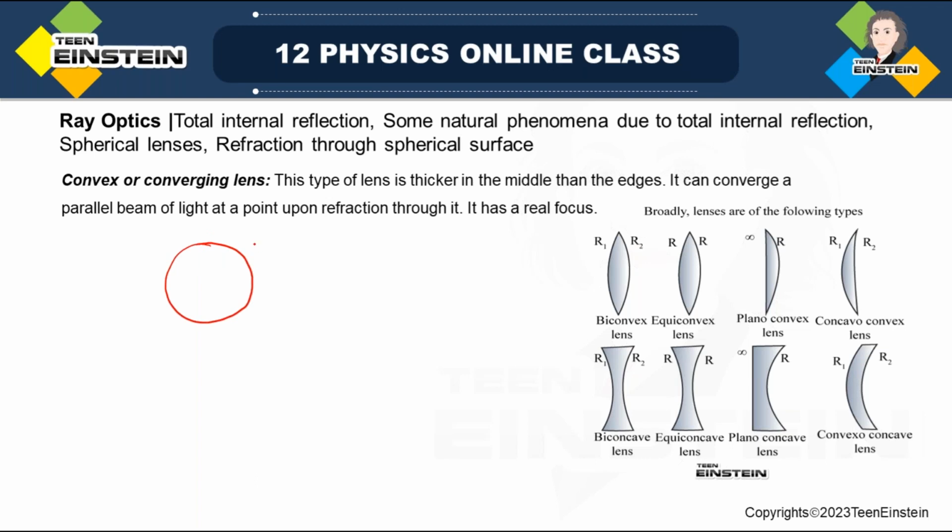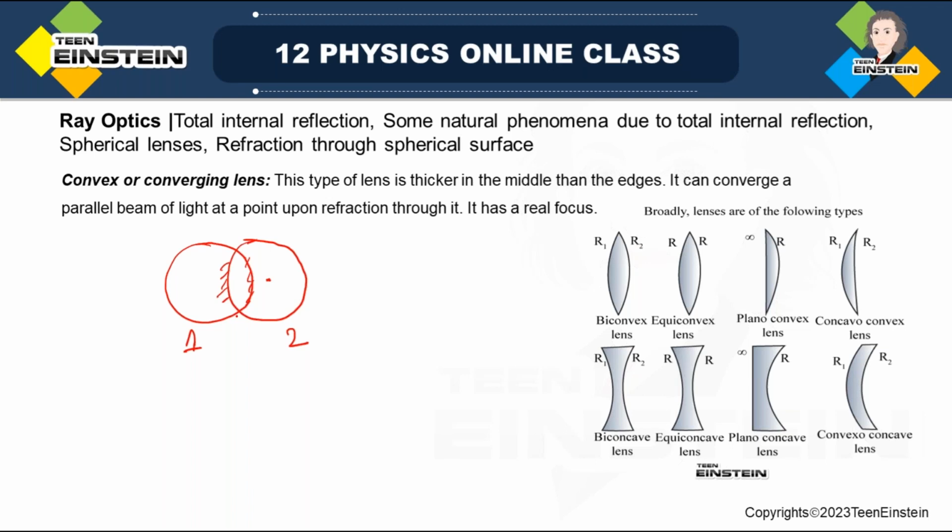So spherical lens: in the case of a spherical lens, the refracting surfaces are part of two spheres. This part is a part of this sphere. If I say this is sphere 2 and this is sphere 1, then this refracting surface is actually a part of sphere 1.